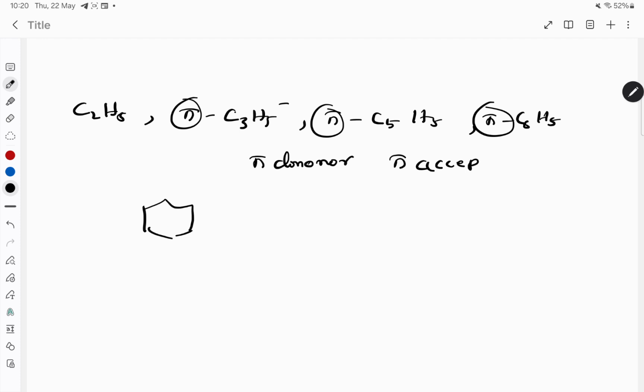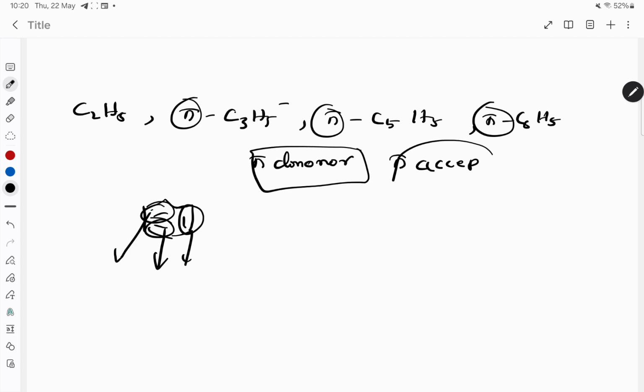For example, in C6H6 there are pi electrons to give through a coordinate bond, so they are pi donors. Pi acceptor means it accepts into the pi star, because if it has a pi bonding orbital, it also has a pi anti-bonding orbital.